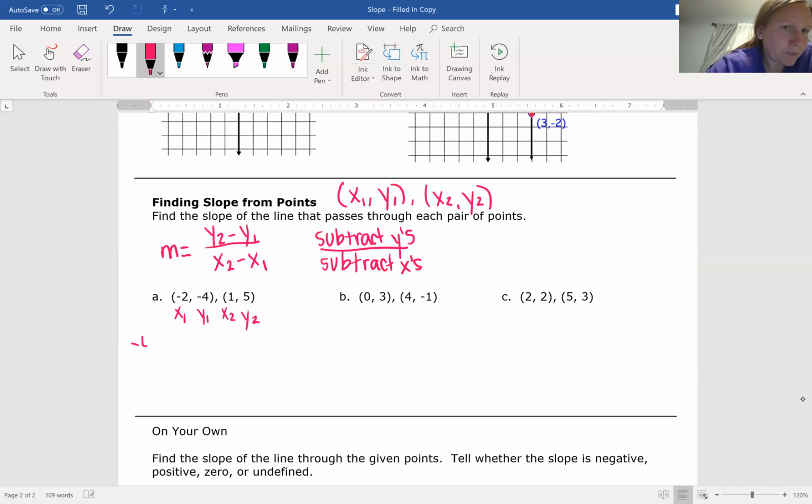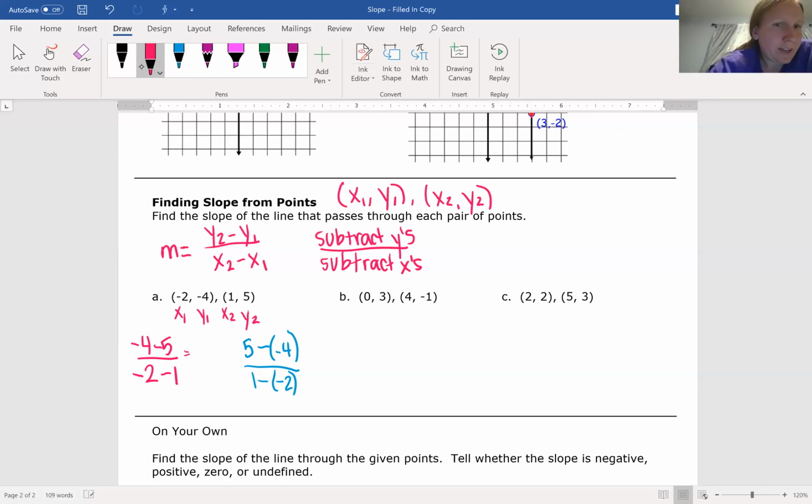How about I write that out? Okay, so we can do -4 minus 5 as long as we then do -2 minus 1. Or, you can say 5 minus -4. Notice I put the parentheses there because we had that minus a negative. Over, I started with this one, so 1 minus -2. So let's just go through here.